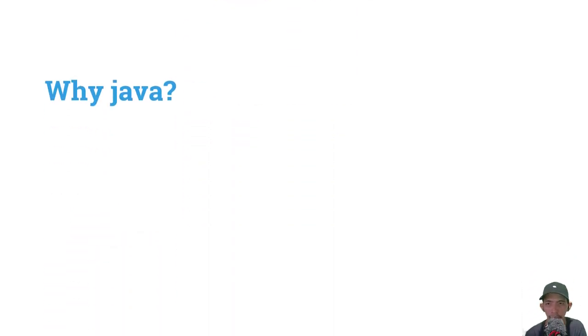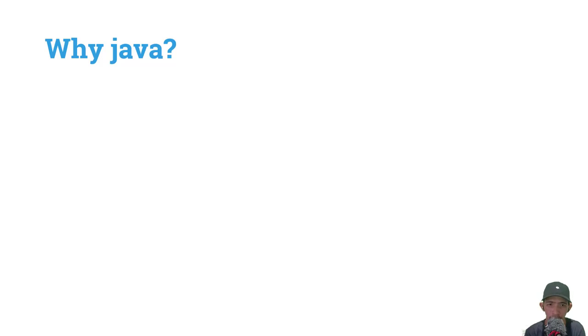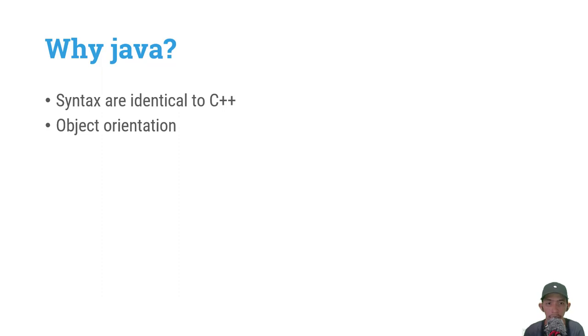So, why Java? Here are the benefits when using Java. Number one, syntax are identical to C++, except Java eliminates some C++ more complex features. Number two, object orientation. Ito yung sinasabi natin kanina. Pwede siya sa procedural, pwede siya sa OOP.